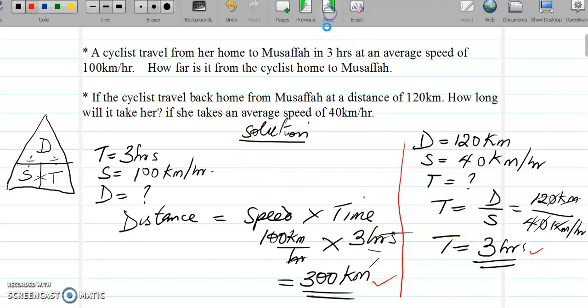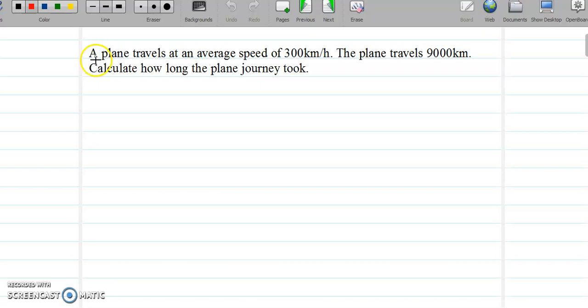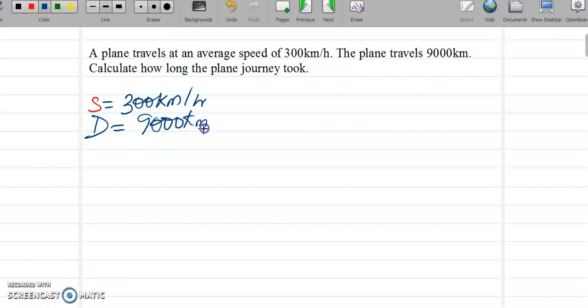Now let's look at the next question. This says that a plane travels at an average speed of 300 km per hour. The plane travels 900 km. That is, the distance it travels is 9,000 km. Calculate how long the plane journey took.